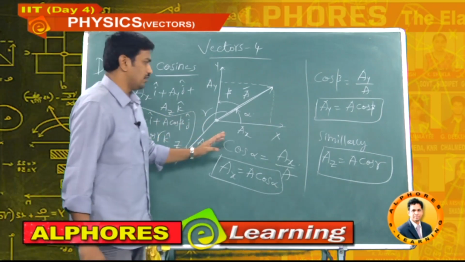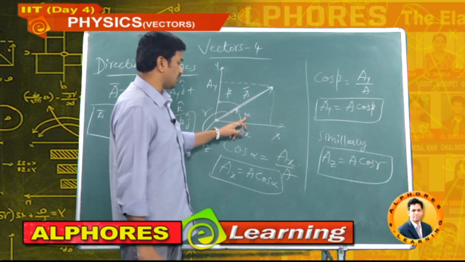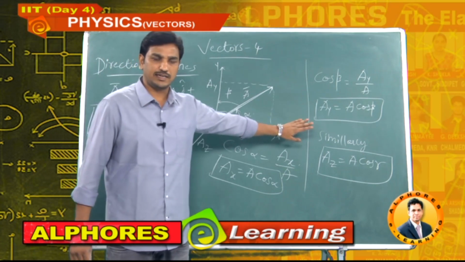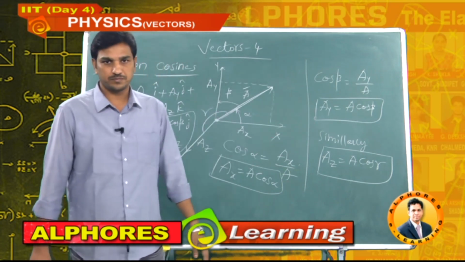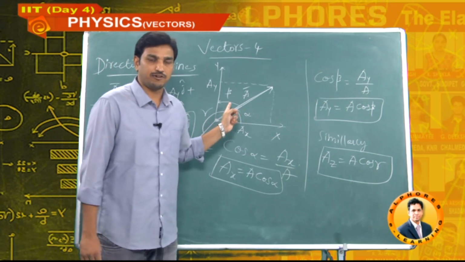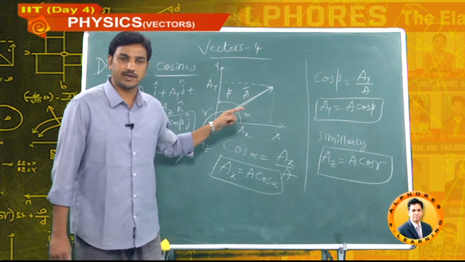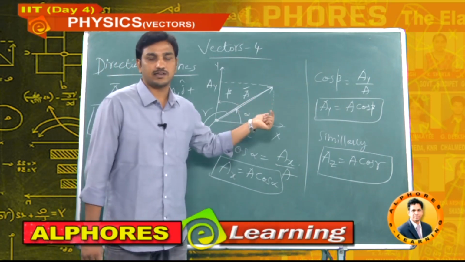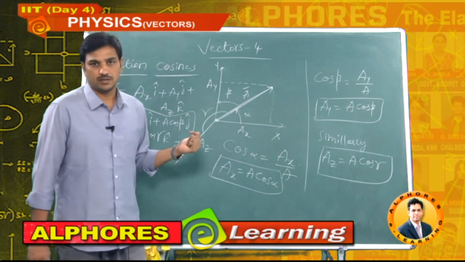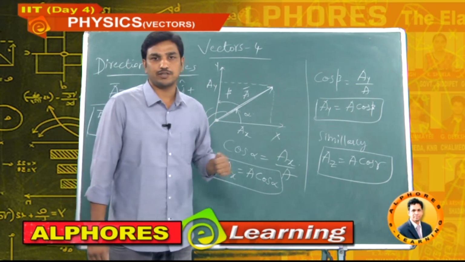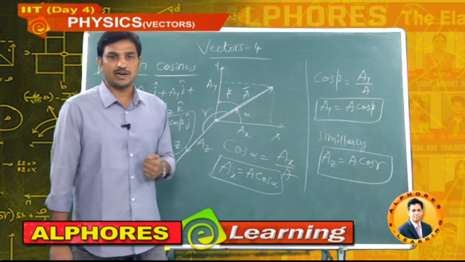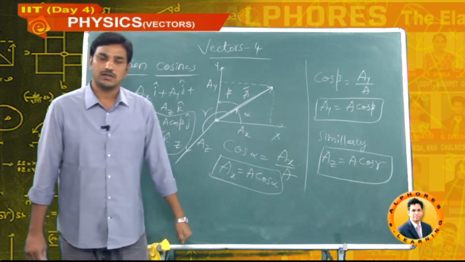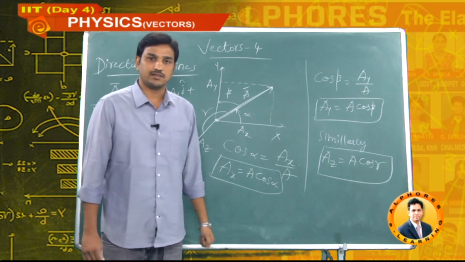Now here cos alpha, cos beta, cos gamma. Cos alpha gives the direction of the vector with the x axis. Cos beta gives information about how the vector makes an angle with the y axis. Cos gamma, how our vector makes an angle with the z axis. So by taking the help of the cos function in trigonometry, we understand how our vector makes an angle with the x axis, y axis, and z axis.